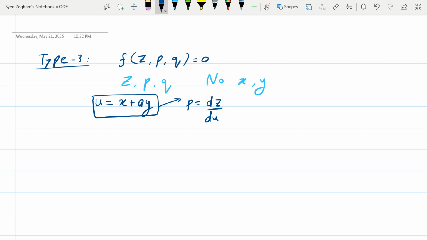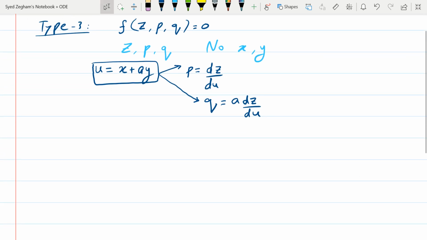In the same way you can also find that q, which is dou z by dou y, will be a times dz over du. Using these things we will try to solve the questions.